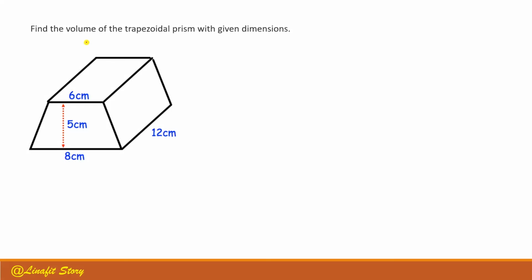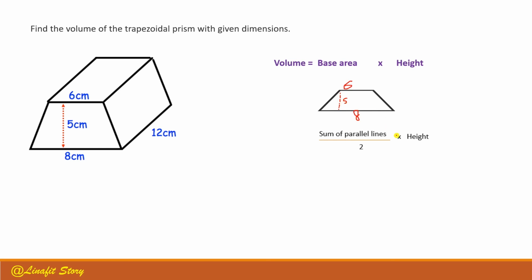Find the volume of the trapezoidal prism with given dimensions. To find the volume of a prism is base area times height of the prism. The cross-section is a trapezium. To find the area of a trapezium we should find the sum of parallel lines divided by 2 times the height of the trapezium.